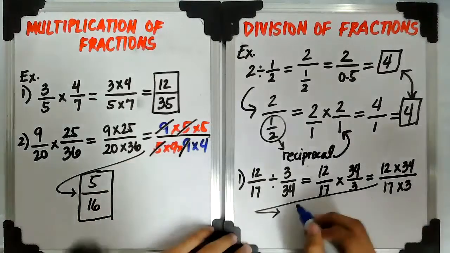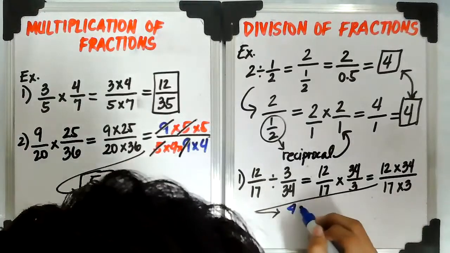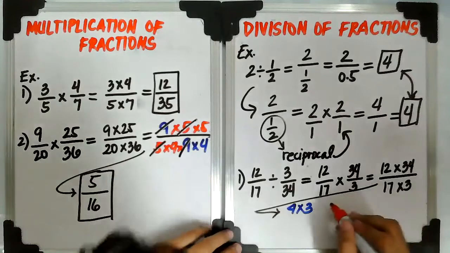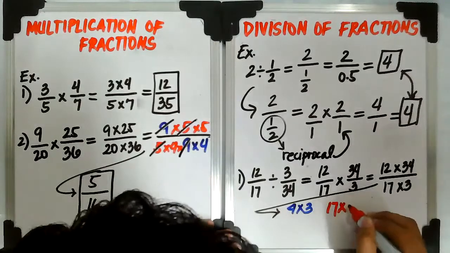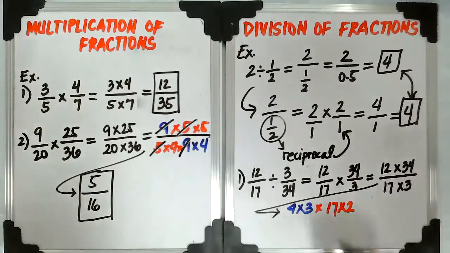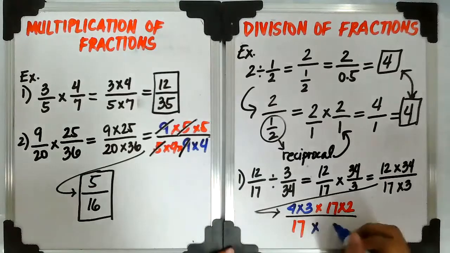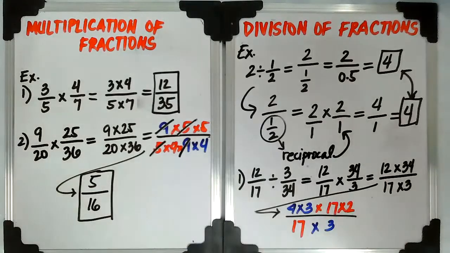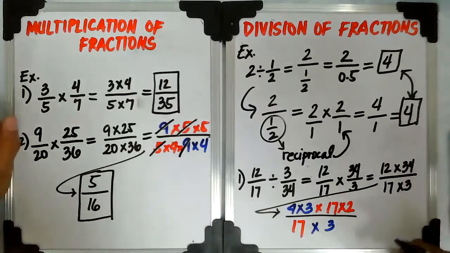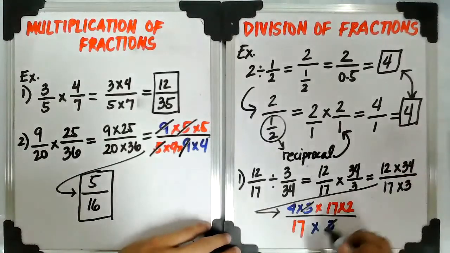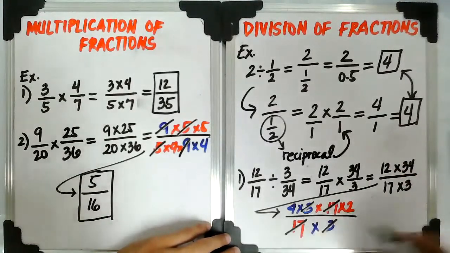This will be equal to 4 times 3, 17 times 2 all over 17 times 3. All right. In this way, you can basically get their common factors and try to cancel them out. All right. So you have your 3 over 3 and 17 over 17.